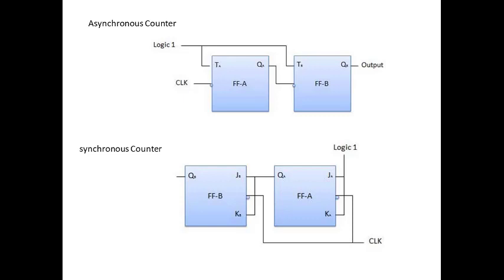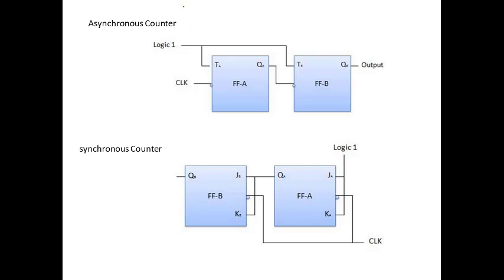The number of flip-flops required for storing 2 bits will be 2. Hence, we are using a T flip-flop and a JK flip-flop in the synchronous counter, and T flip-flops for the asynchronous counter.